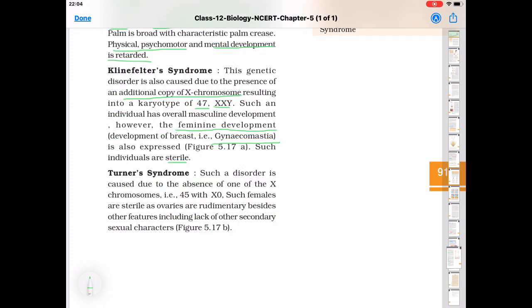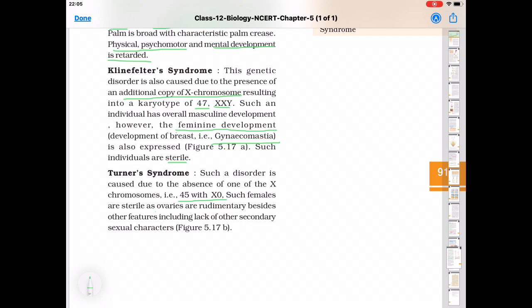Next is Turner syndrome. Such a disorder is caused by the absence of one X chromosome. So the individual has 45 chromosomes and sex chromosome XO, that is one chromosome is missing in this. Such females are sterile. Sterile means they cannot reproduce.